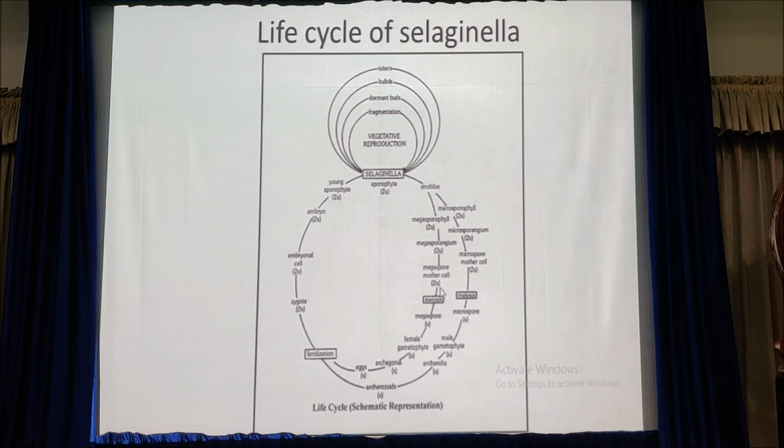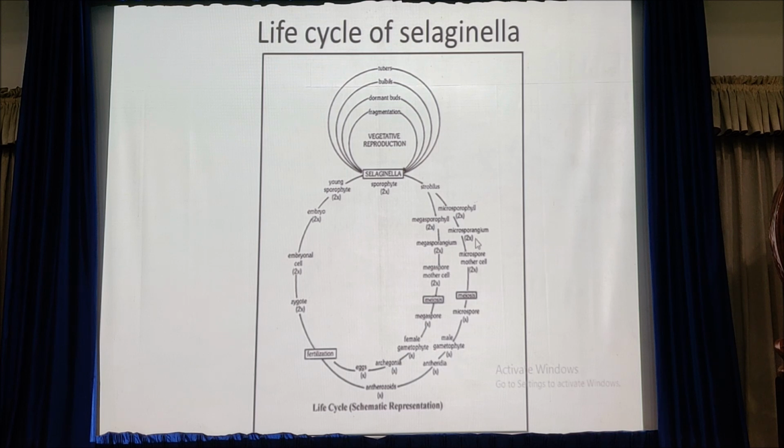Megaspore mother cells undergo meiosis and produce the megaspores, which are haploid in nature because they are formed after meiosis. This haploid megaspore will germinate and produce the female gametophyte that will develop archegonia. Archegonia contain the egg.